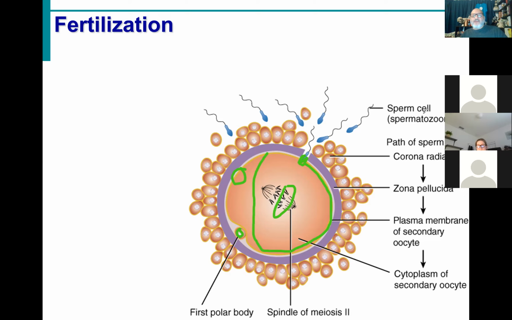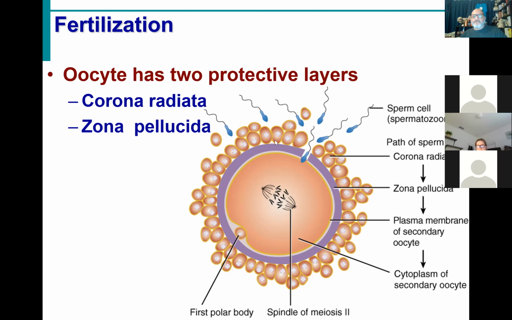However, notice the other thing that this illustration shows are those defenses we've talked about. We have the corona radiata, which are the granulosa cells that are surrounding the outer surface of the egg. And we also have that glycogen-rich zona pellucida, that thick candy-coated shell protecting the egg and keeping it inside. Now, on the surface of the zona pellucida is a very special protein receptor known as the ZP3 receptor.